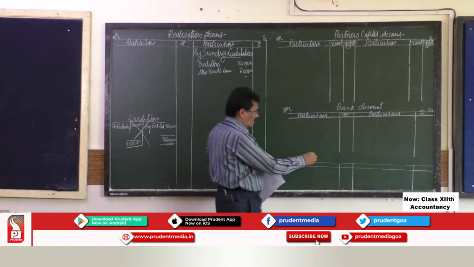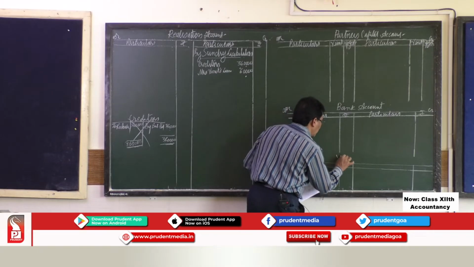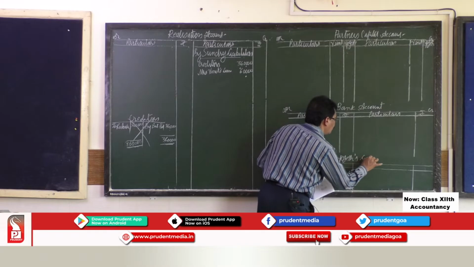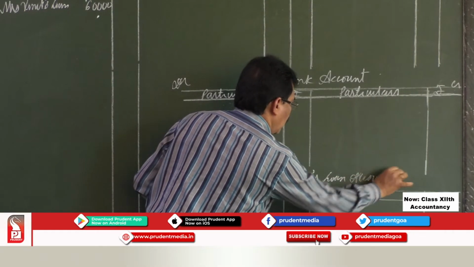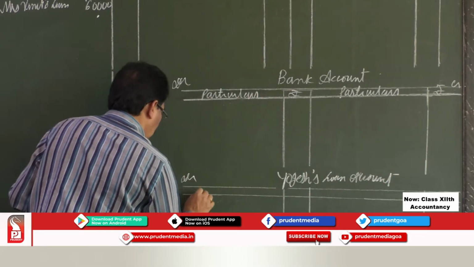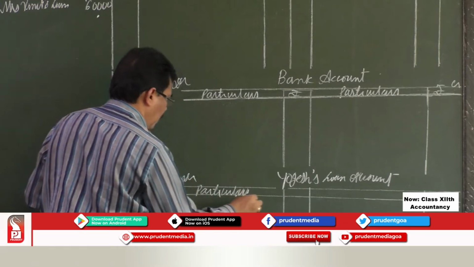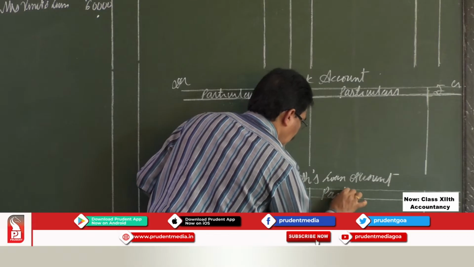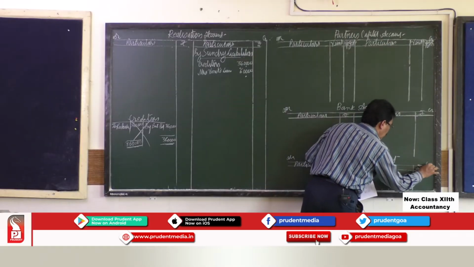So, let me write it in the Yogesh loan account. You have two columns on the debit side, particulars, amount, credit side also, particulars, then amount.